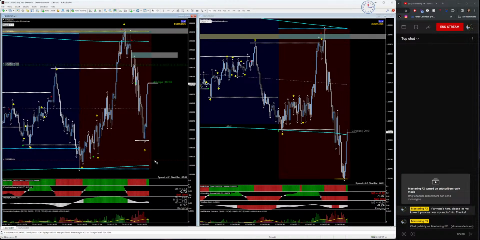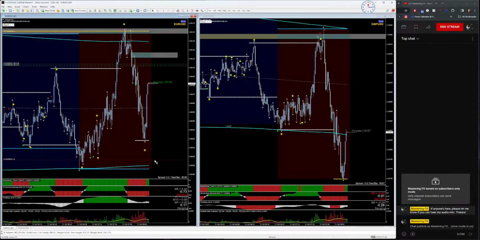If I'm correct, it doesn't have any reason to come back to my stop loss. And if I'm wrong, I want to be out of the trade anyway.